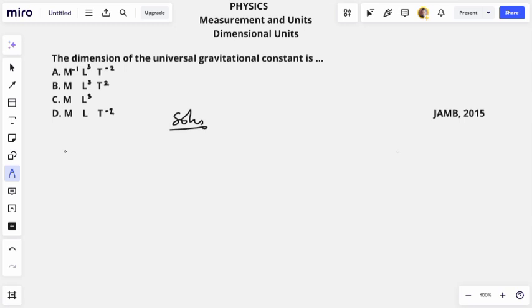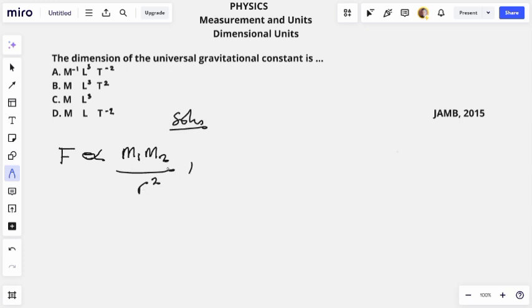Here we are talking about the universal gravitational constant, which comes from Newton's law of universal gravitation, which states that the force between two bodies or two masses is directly proportional to the product of the masses, m1 times m2, and inversely proportional to the square of their distance apart. So this is a variation.